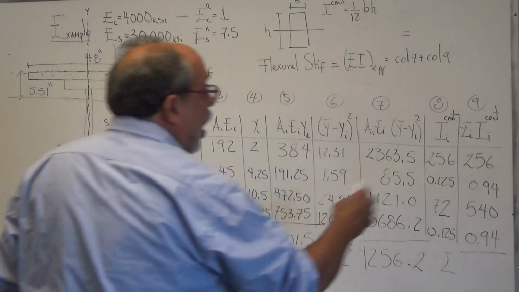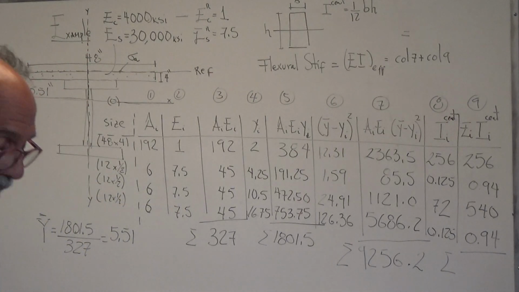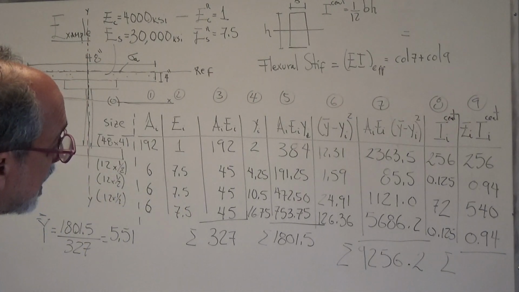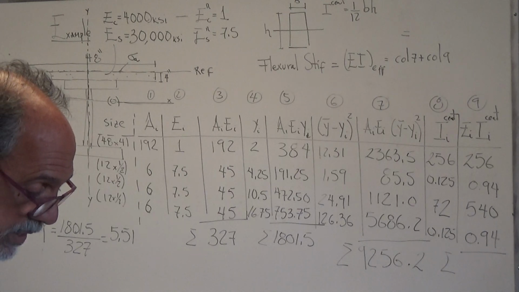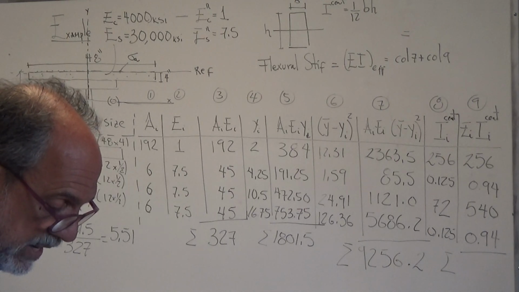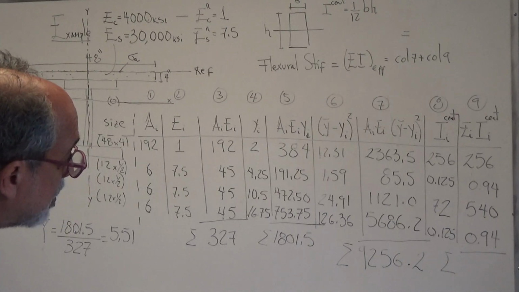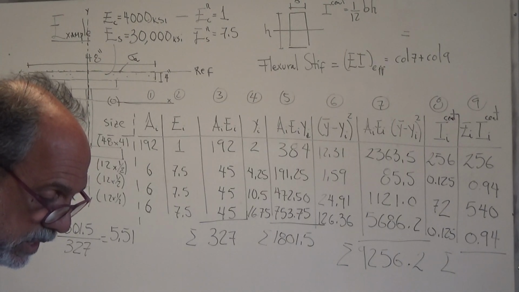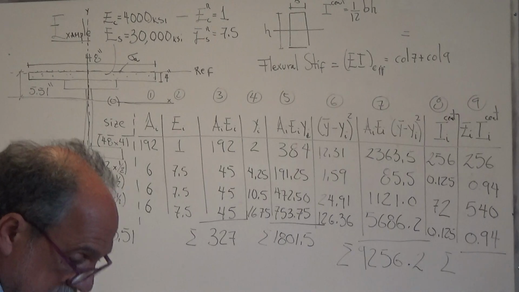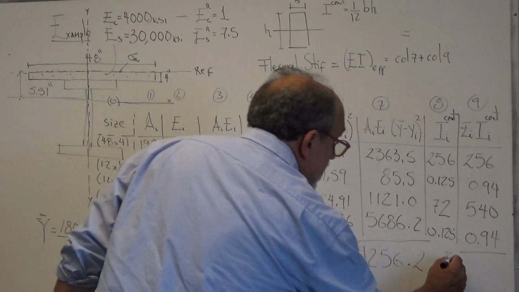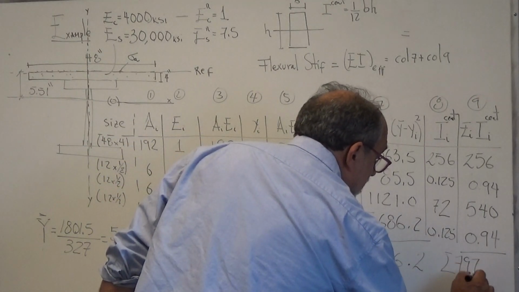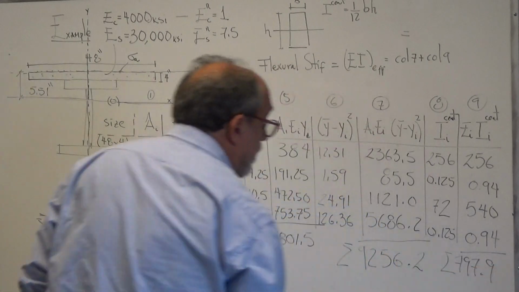The other column, which is the sum of the inertias times E about their own centroids, is 256 plus 0.94 times 2 plus 540, for a total of 797.88, 797.9 let's say.